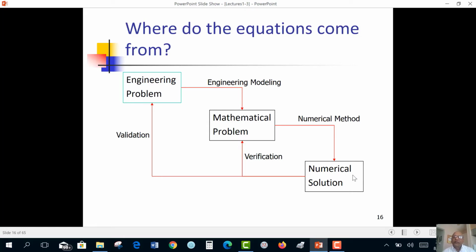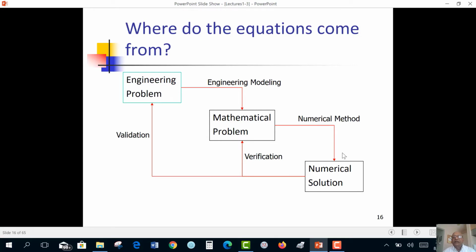Even if it was an exact solution, you should always verify: is this really the solution to your original problem or not? Once you have verified it, the next thing, of course, as any engineer would do, you need to make sure that this solution is still meaningful to your original engineering problem, and that's called validation.